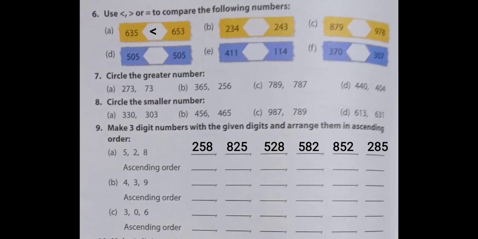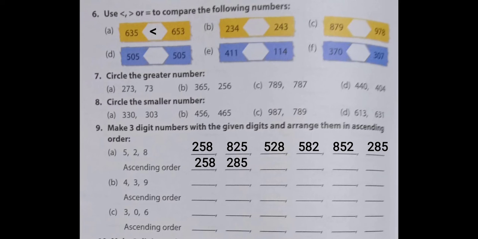Now out of these given numbers, you will arrange these numbers in the ascending order, means from small to big. Now out of these numbers which we have made, the smallest number is 258. So you will write 258. After 258, we will write 285.